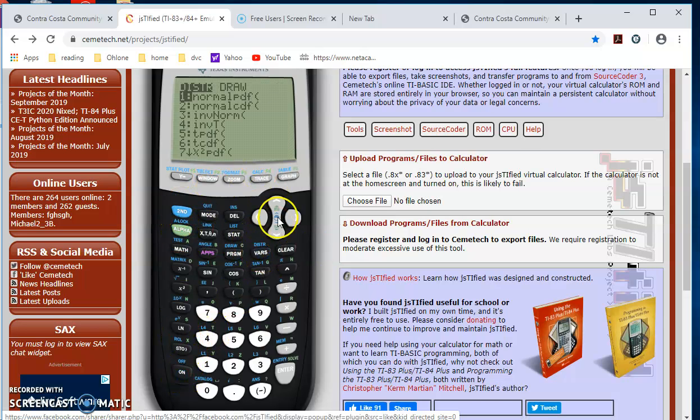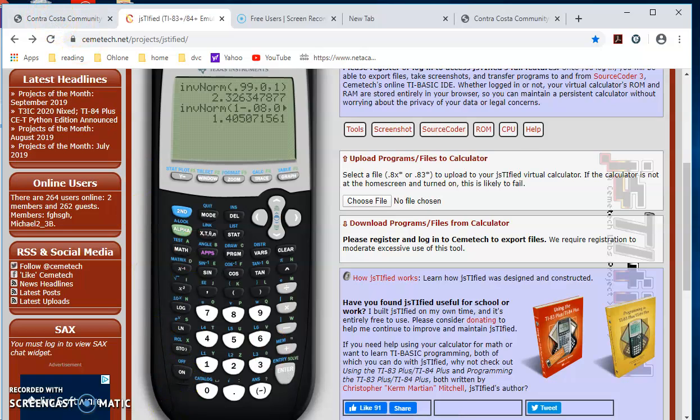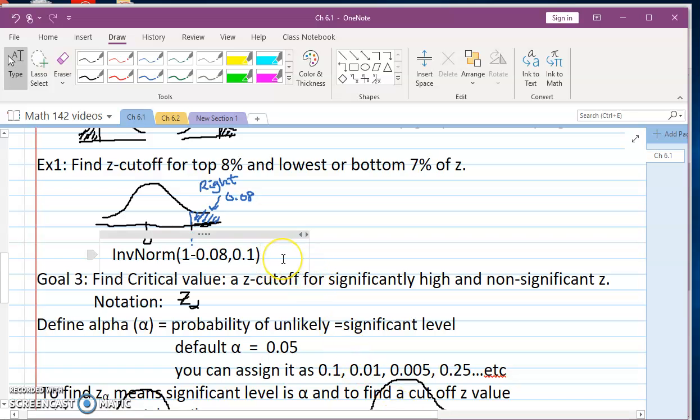Second, vars, inverse norm. 1 minus 0.08, 0, 1, because we're talking about z. And then the answer is 1.41. So let's go back and write down our answer: 1.41, because it's in the top area.